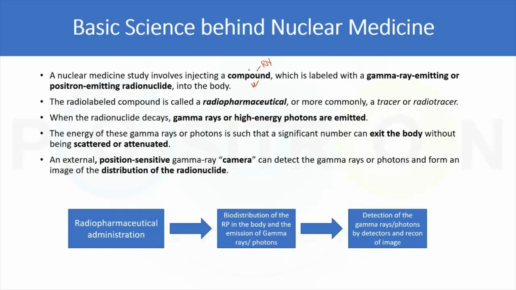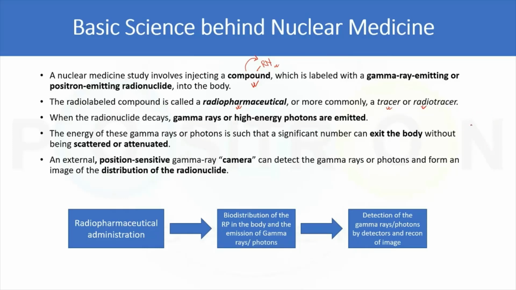And this compound along with this radionuclide is called a radiopharmaceutical, or more commonly a tracer or a radiotracer. So when this radionuclide decays, gamma rays or high energy photons are emitted, and these gamma rays have sufficient energy that they can leave the body in significant number without being scattered or attenuated.